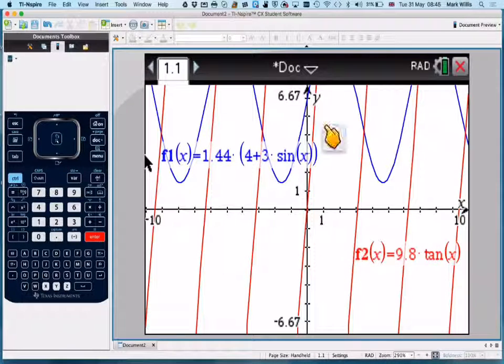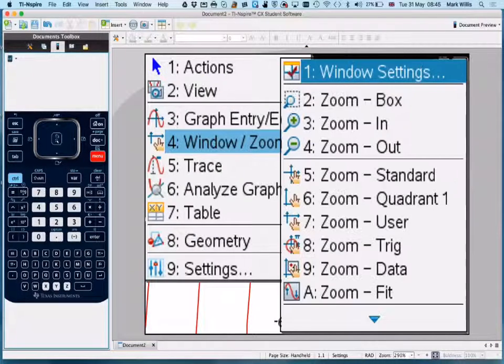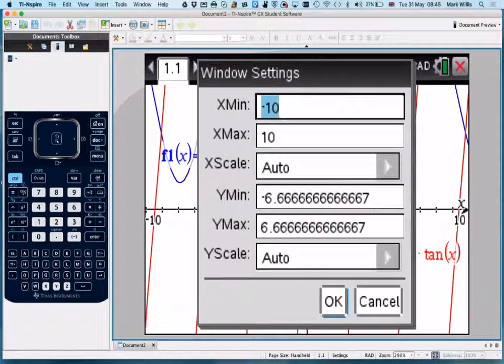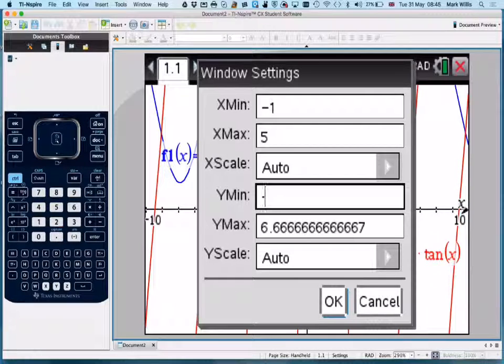The only bit that we're really interested in is the top section up here, so I'm going to change the view window a little bit. Go to Window Zoom, Window Settings, and set x minimum at -1 and the maximum to 5. These are all in radians. Then I'm going to set this one to -2 and this one to 12.